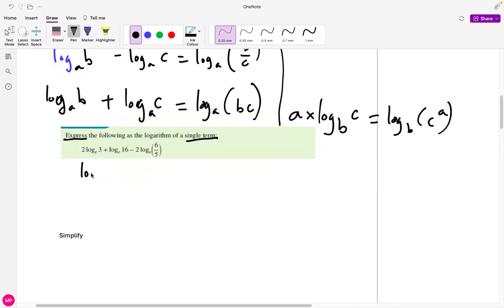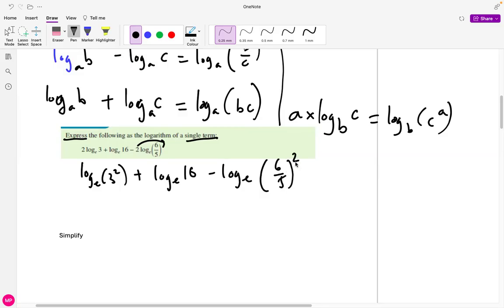So I will have log a of 3 squared plus log a of 16. Then I move the 2 to the top as well, so minus log a of 6 over 5 squared, which gives 6 squared, 36, and 5 squared is 25. So I can rewrite this as 36 over 25.